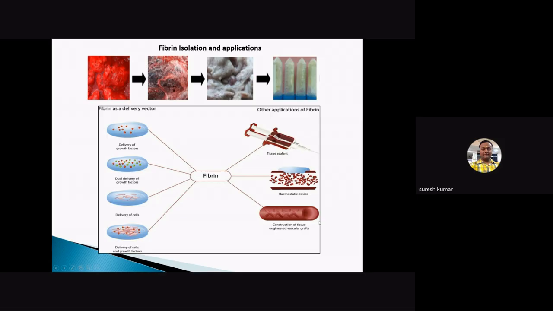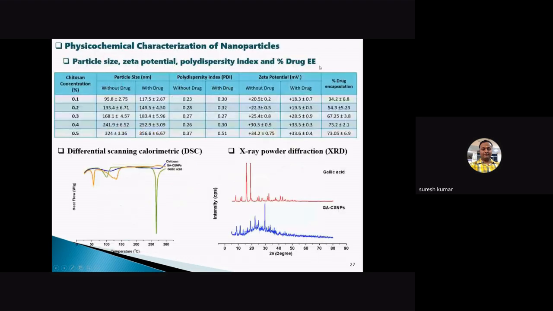And also in open heart surgery, which is a major surgery, it is used in the construction of tissue engineered vascular grafts. So in our study, we isolated fibrin from bovine blood, from a slaughterhouse certified by the veterinarian. Then we purified it and made it into a white spongy powder. Then we confirmed it through several analyses.